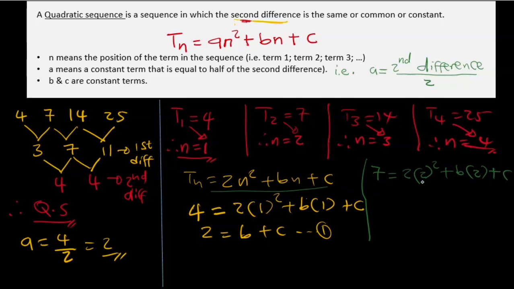Well, this simplified will be 4 times 2, which is 8. 8 crossing over to the other side, minus 8, plus 7 minus 1. B times 2, 2b, plus c. This will be my equation number 2.